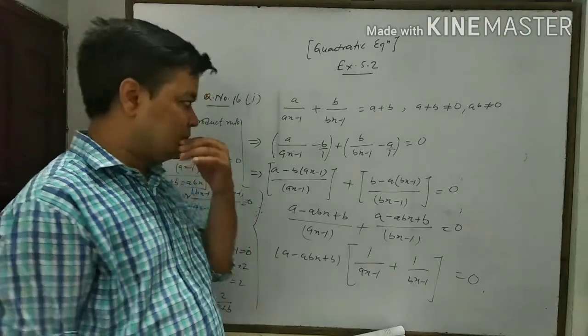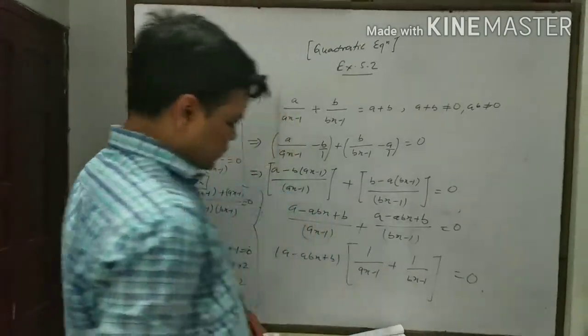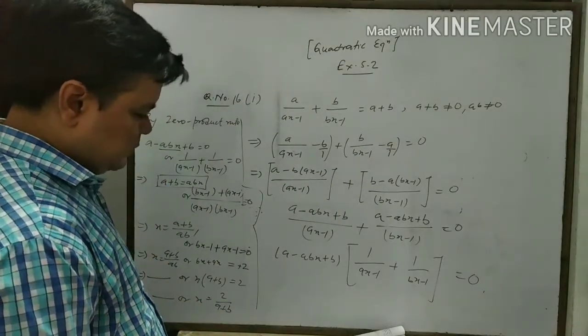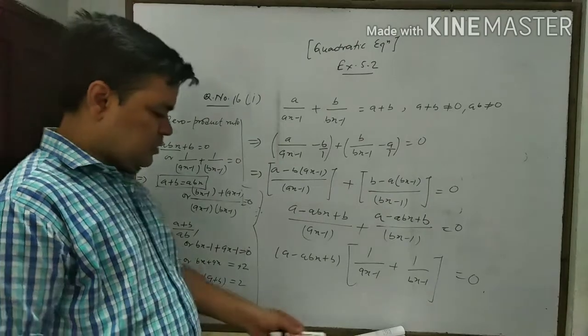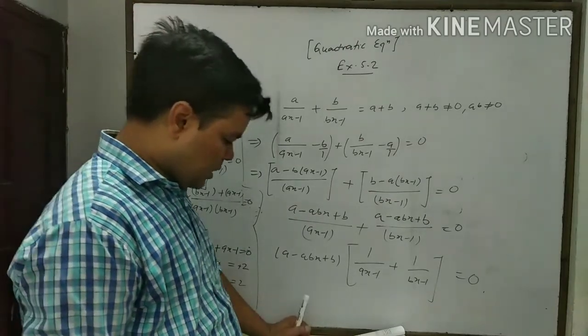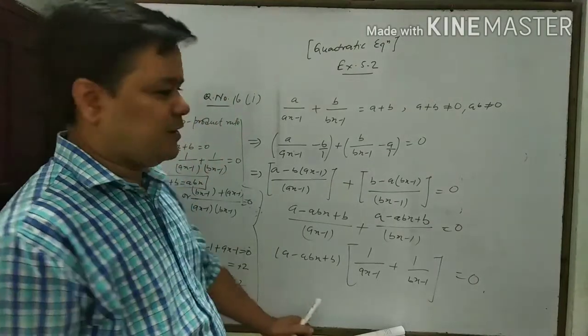Okay. So this is the solution of question number 16 first. Now question number 16 second is also important. You go through it by yourself. Now I would like to solve question number 18 second.